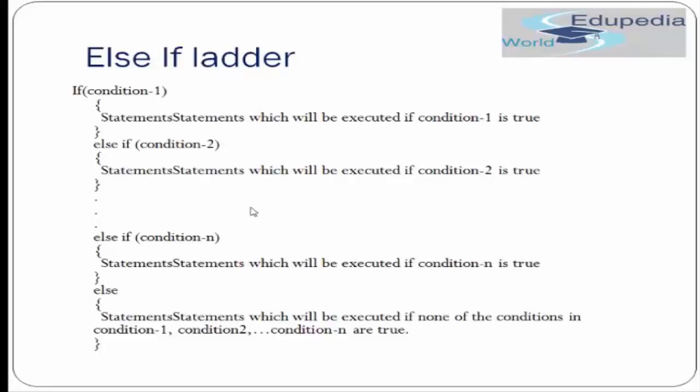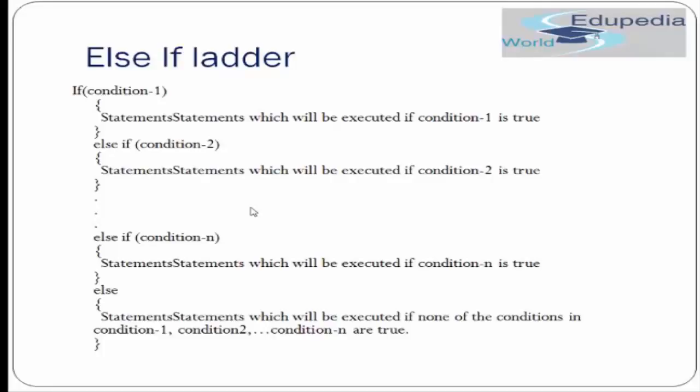So I can place a condition: if color is equal to green, then the statement that I will include will be fruit is equal to grapes. Now my next condition will be included in the else if block as shown in this example. So you can see the else if block will contain condition 2.